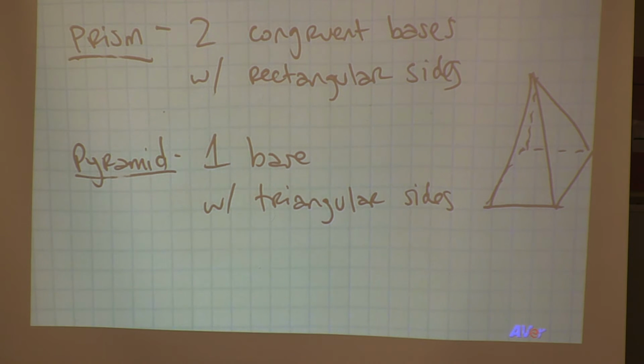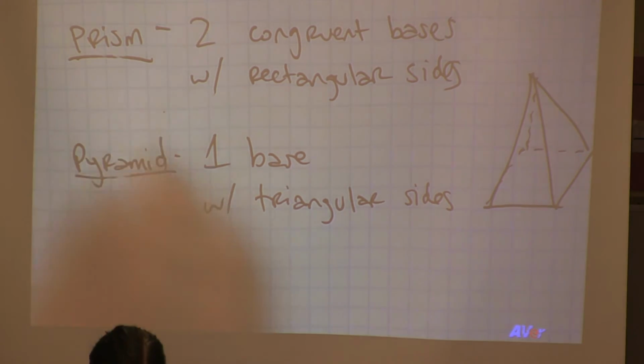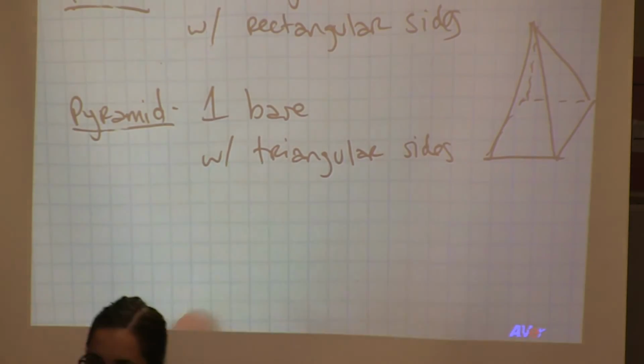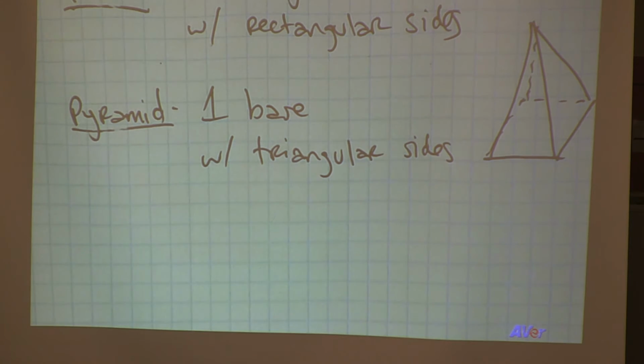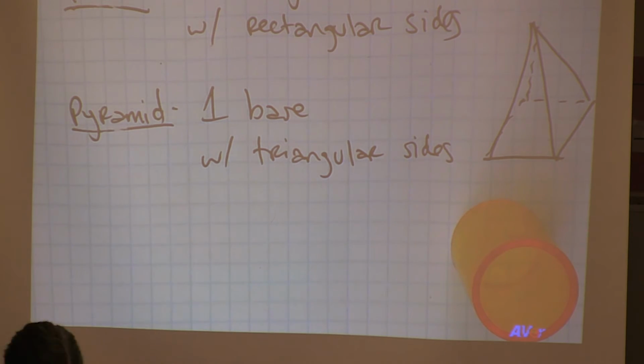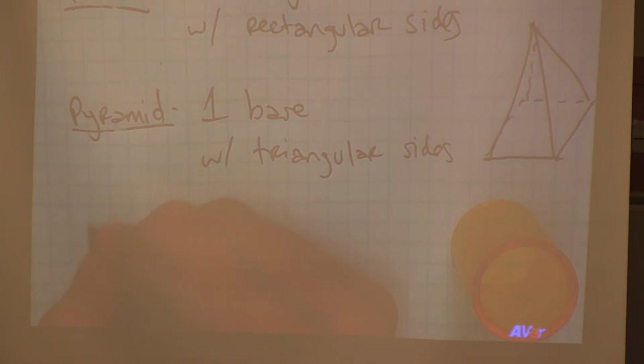Now, when those prisms or pyramids have a circular base, they get a special name. So if I have a prism with a circular base, what's that called? Awesome.